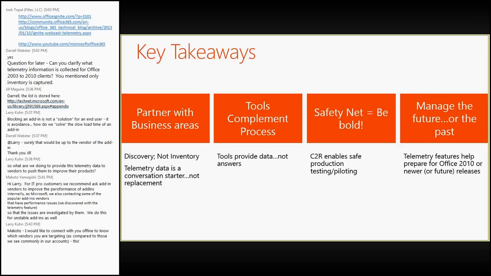And then, of course, to be bold and give you that safe production testing environment. And then to manage the future or the past. One thing I think is really cool about this is that you can even use telemetry. Let's say that you've got 2003 installed and you want to upgrade to 2010, for example.